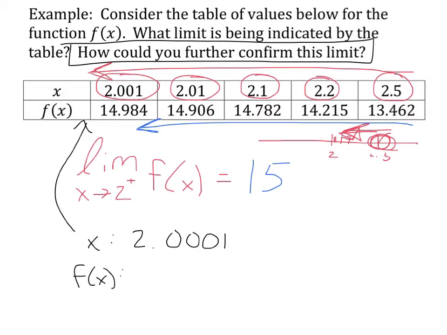If you were to plug in 2.0001 and found out that it was 14.9994, that would probably confirm your suspicions that as I got even closer to 2 from the right, my value got even closer to 15. And so that leads us to the conclusion that what this table is telling us is that the limit from the right is 15. Okay?